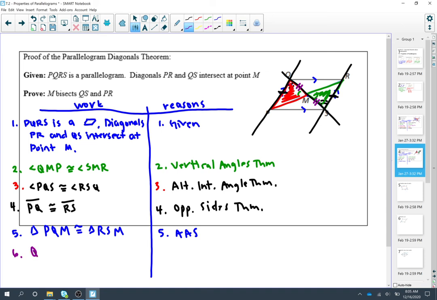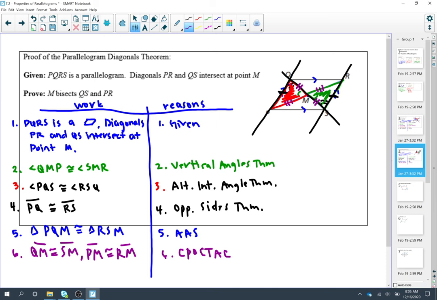So QM is congruent to SM, and then I also know that PM is congruent to RM. So PM is congruent to RM. And the reason I can say that is because corresponding parts of congruent triangles are congruent.